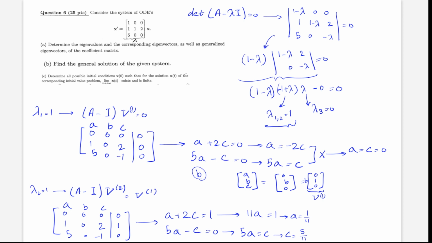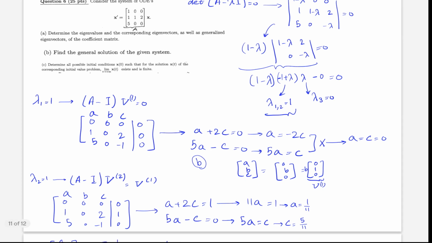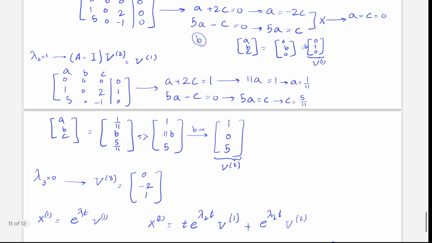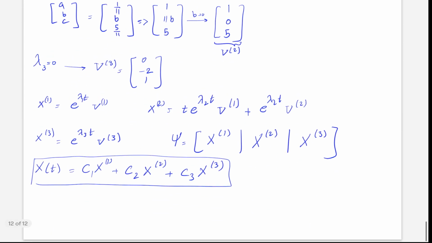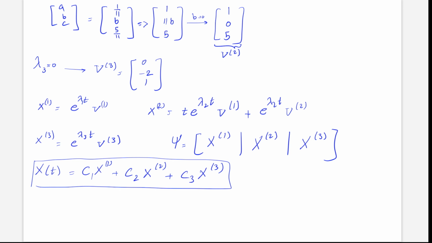Now in the question, part C says determine all possible initial conditions x0 such that for the solution x(t) of the corresponding initial value problem, the limit of x(t) whenever t goes to infinity exists and is finite. So, okay.